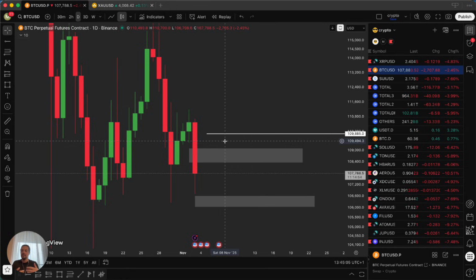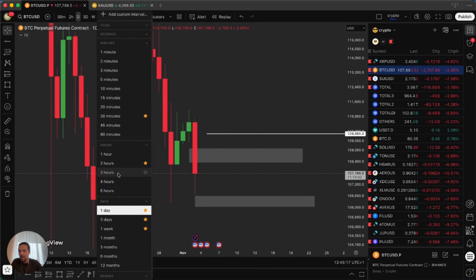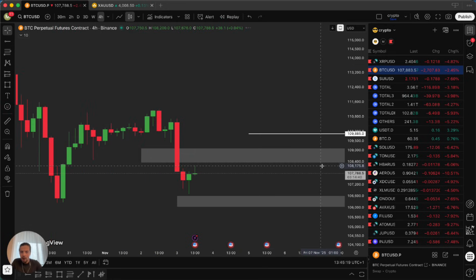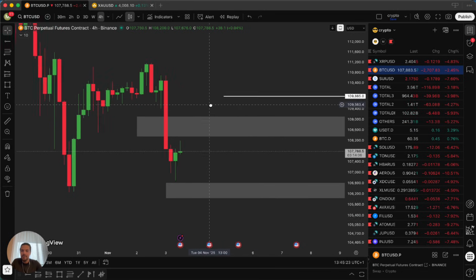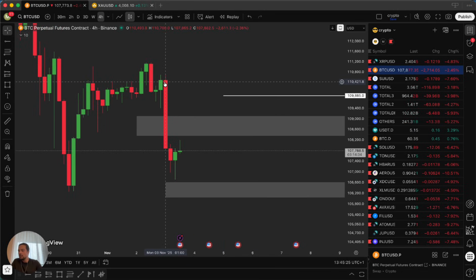and if price reaches this region and this region, we know that there are liquidations happening, right? So now you can scale this chart into a lower time frame, let's say 4 hourly, and you can see that even from before, this morning's drop happened specifically to this area right here.